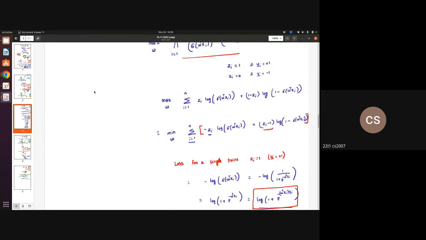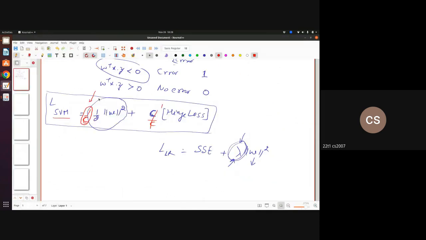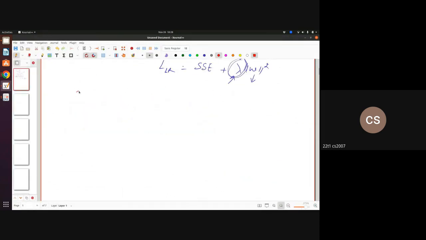Yeah, so, okay, let me write this down in an easier form. So we have some y, right? This y is the actual y, and the model is predicting some y hat, okay? And these y hat are probabilities, if you remember, right?